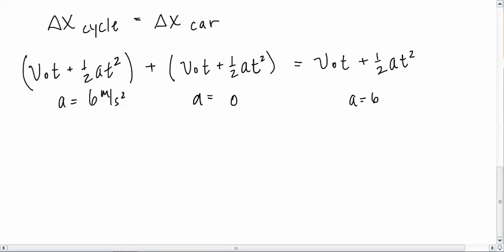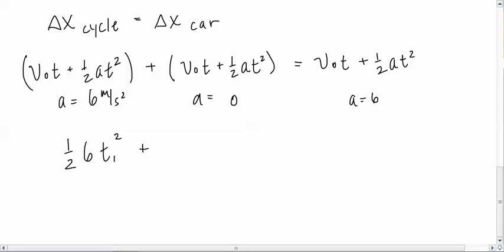So here, when it's accelerating, the initial velocity was 0, so this would be 1/2 6 times t1 squared for the time that it was accelerating, plus, now that it's not accelerating, its final velocity for the acceleration portion is the initial velocity for the constant velocity portion.